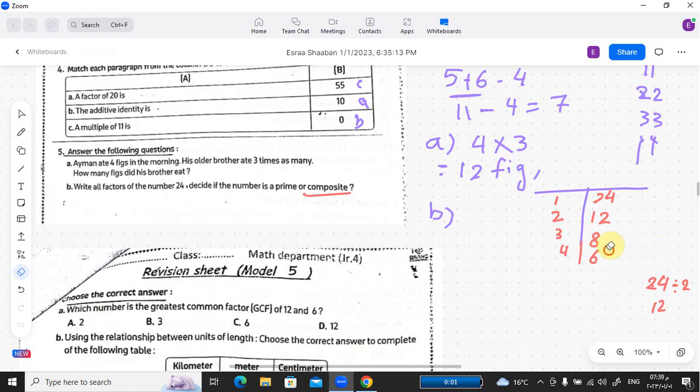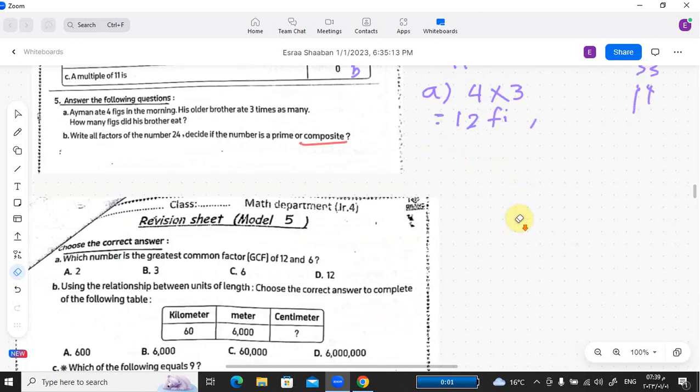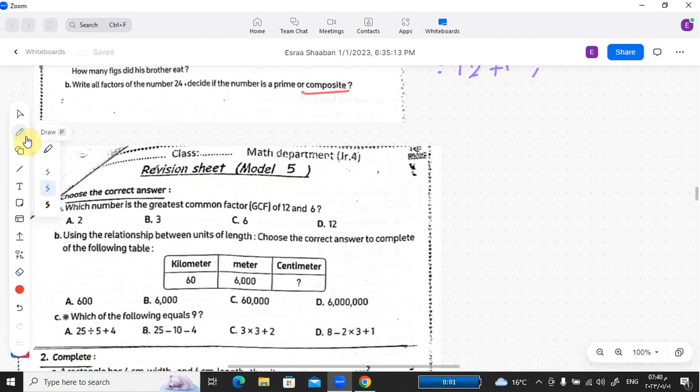Okay, model number 5. We have question number 1. Which number is the greatest common factor of 12 and 6? We need to find all factors of 6 and 12. Here we have 6: 1 times 6, and 2 times 3.